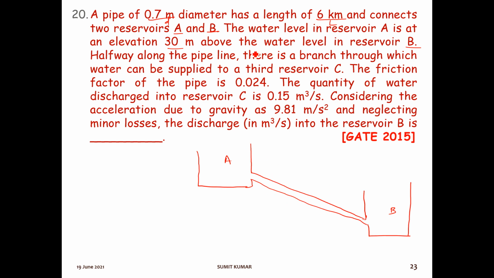Now, the water level difference HA minus HB is 30 meter.